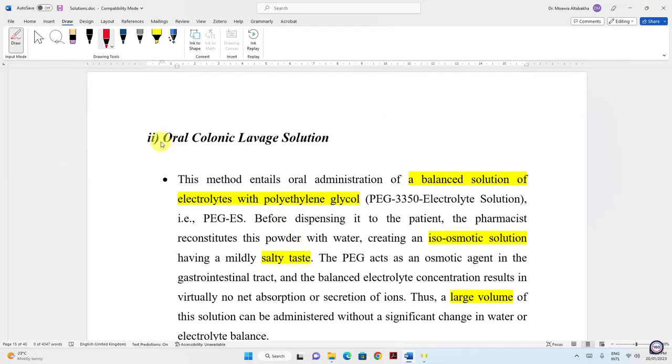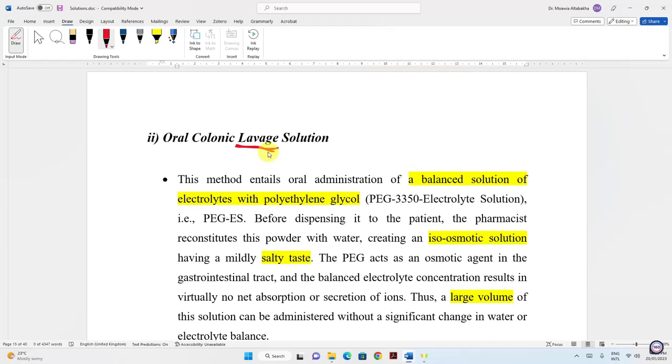Okay, the second solution, oral solution, is the oral colonic lavage solution. Lavage is like washing, to wash the colon.